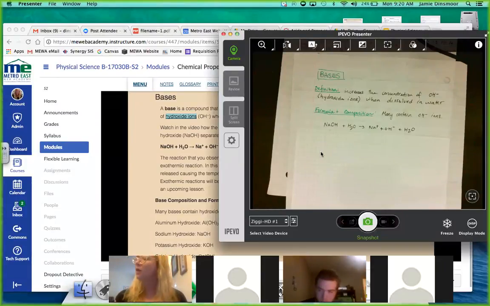Okay. Most bases do contain OH ions in them, right? They're called aluminum hydroxide, for example, sodium hydroxide, etc. They contain the hydroxide in them for the most part. There are exceptions. And when we see a base in water, it's just going to separate out into ions.